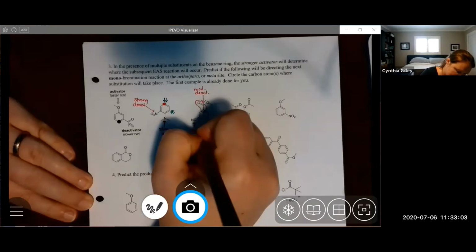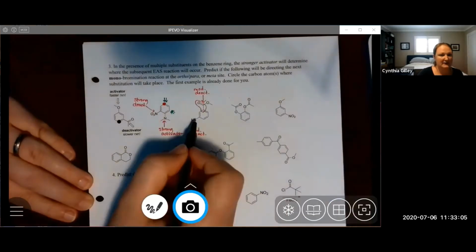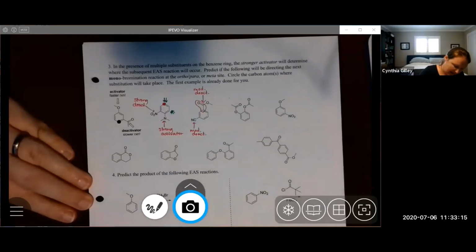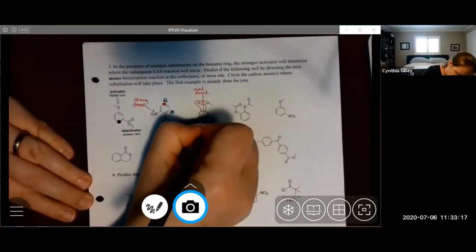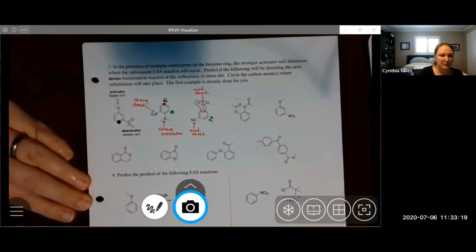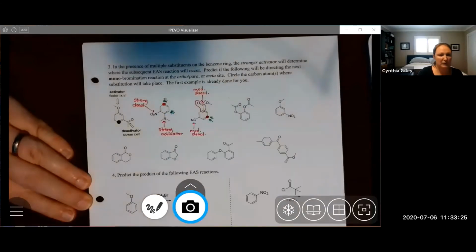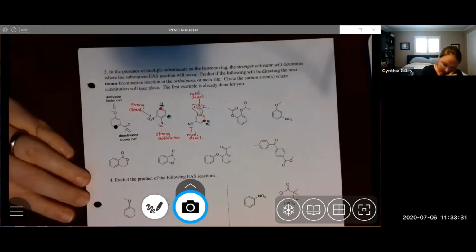This is kind of like a carbonyl, triple bond, but it's like the pi bond directly attached to the ring. So another moderate deactivator. Both of these are directing meta, which is here and here. So they're both directing to the same position, which makes it easy to know where the next group should go.